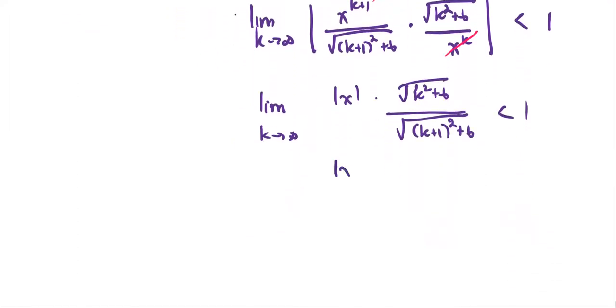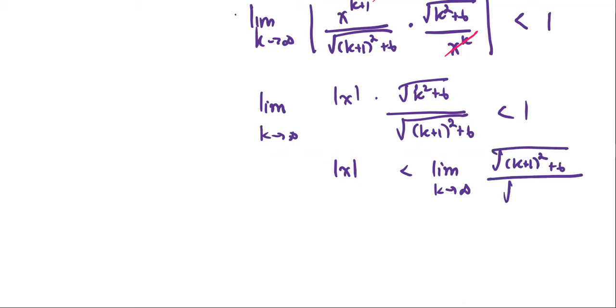Then we get the absolute value of x less than the limit as k approaches infinity of the square root of the quantity k plus 1 squared plus 6 divided by the square root of k squared plus 6, and the limit of the expression on the right-hand side approaches 1. So we can say the absolute value of x is less than 1, and 1 is the radius of convergence.